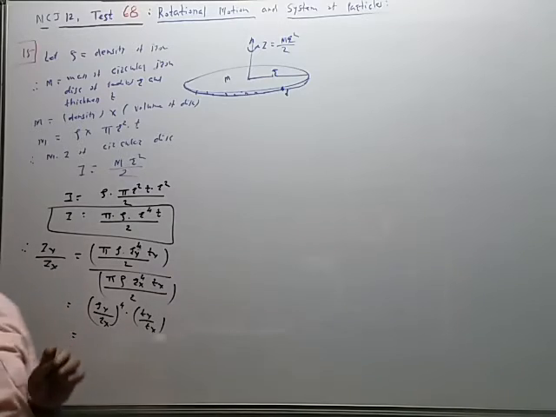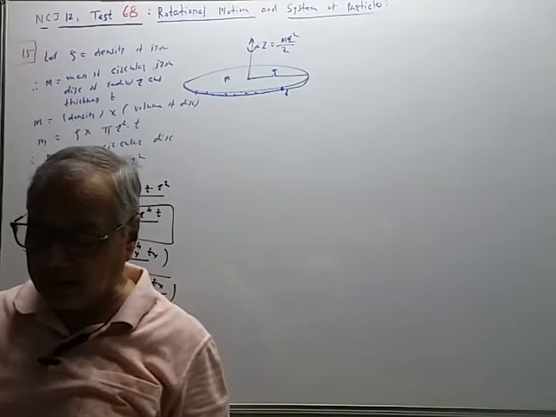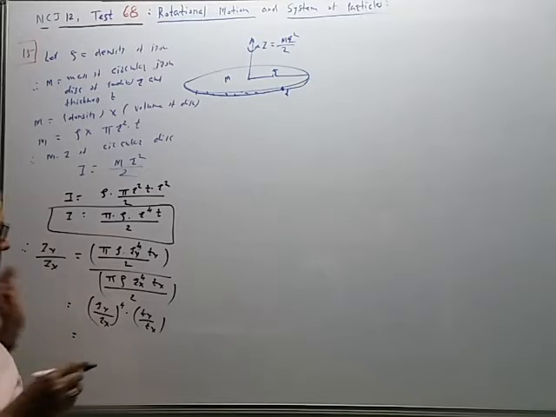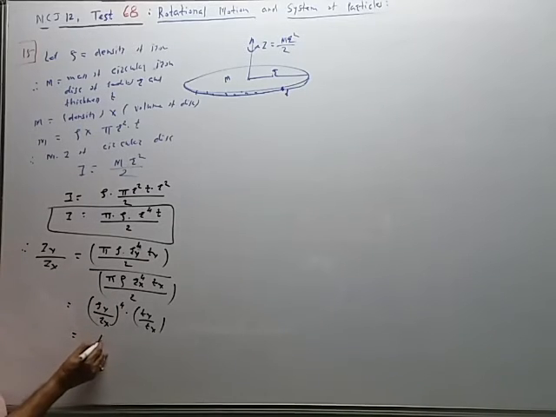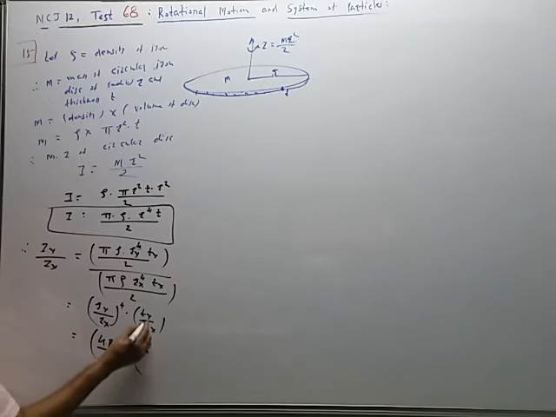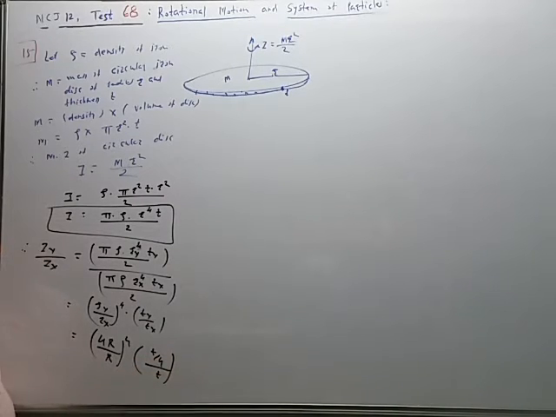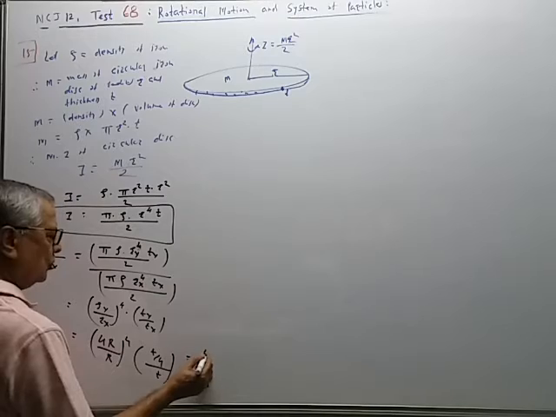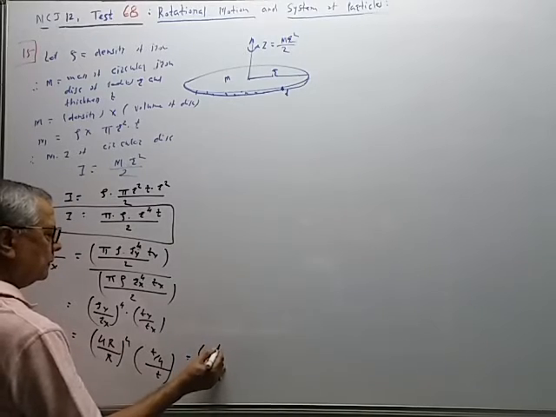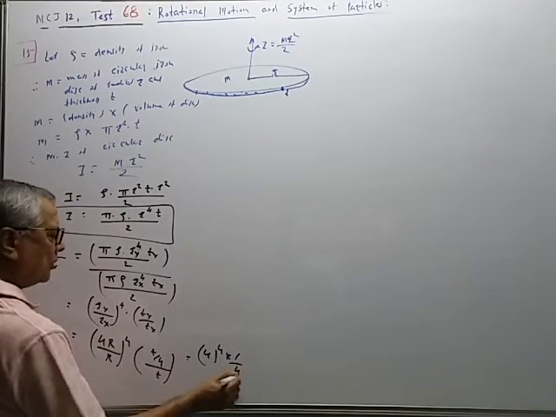So now substitute the values. Radius of the y disc is 4r upon r whole bracket to the 4. Thickness of the y disc is equal to T by 4 and this is T. So this is equal to 4 raised to 4 multiplied by 1 upon 4.